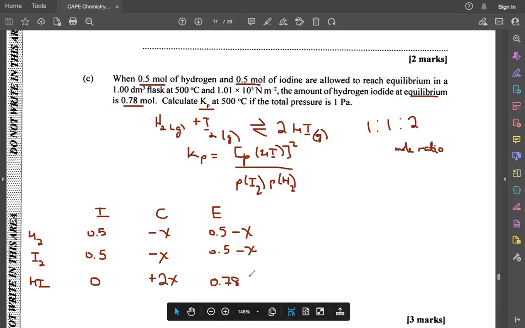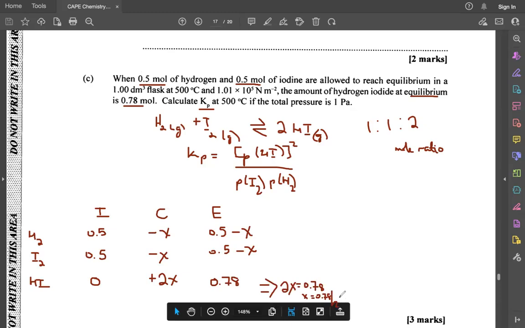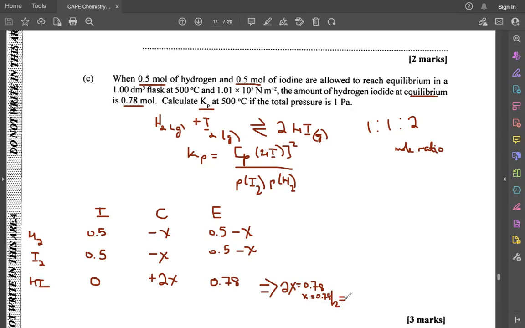So we can solve for X right away. 2X is equal to 0.78, so X is equal to 0.78 divided by 2. If we do that, we get X, or that change, equal to 0.39.